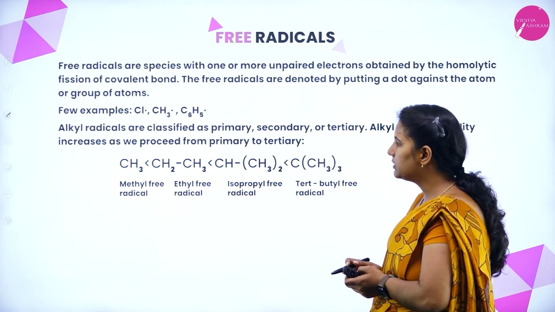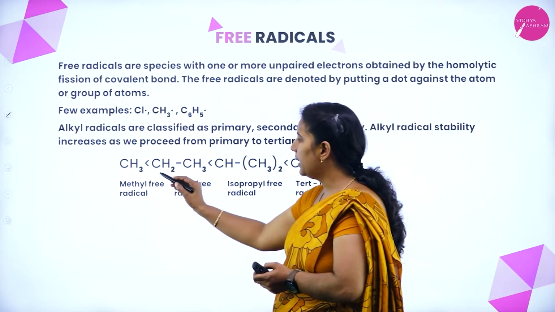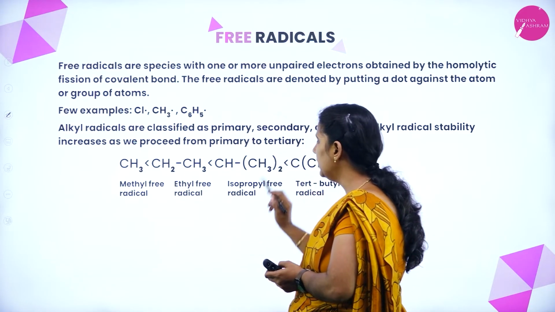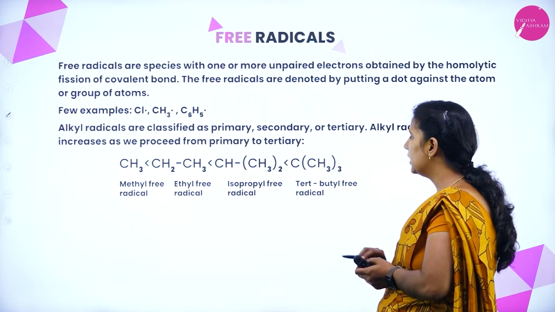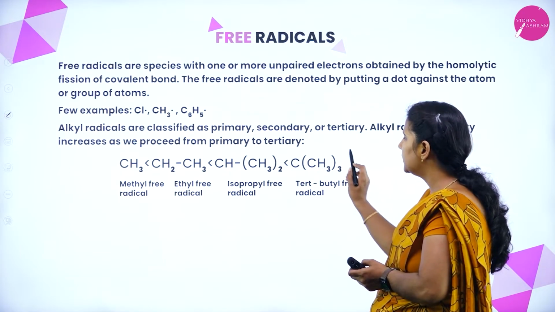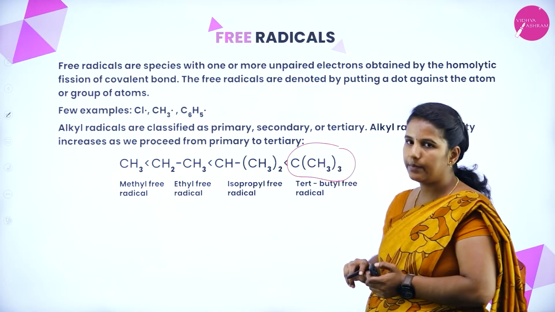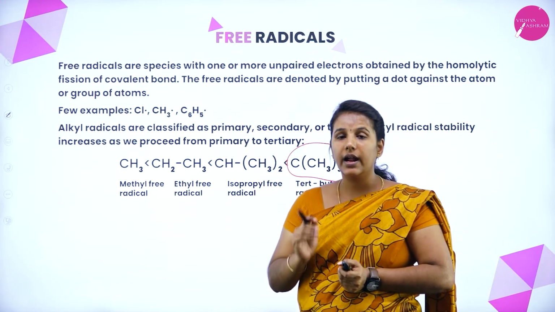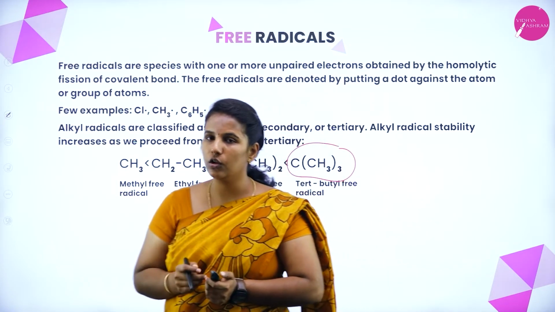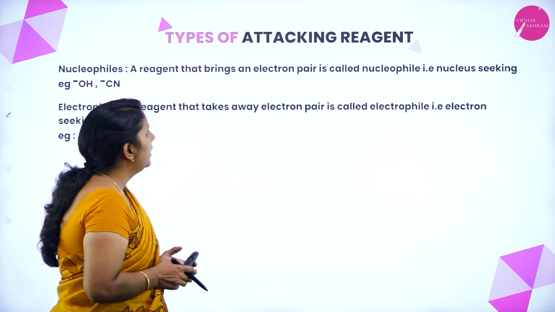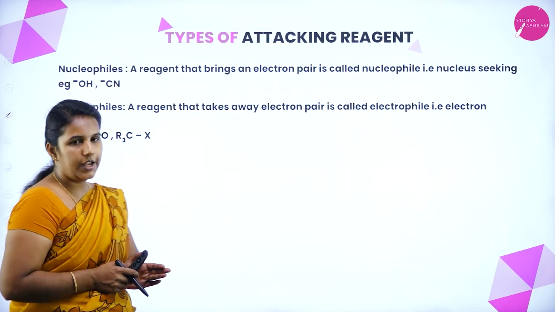And the order of reactivity you can also understand: methyl free radical, ethyl free radical, isopropyl, as well as the tertiary free radical. The tertiary free radical is more stable than the methyl free radical, and the order of reactivity will also go in this order.